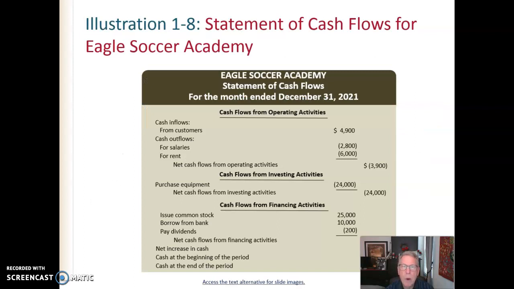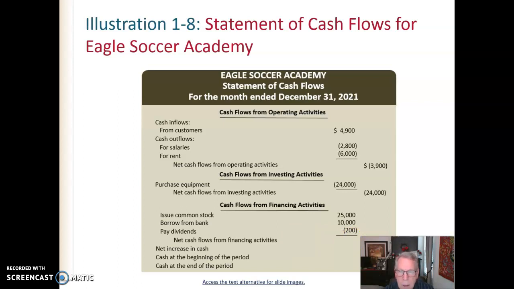All right, so what does that statement of cash flows look like? Here is the statement of cash flows for that Eagle Soccer Academy. We divide them into those three pieces: here, here, and here. Operating activities, we have cash in from customers, we have cash out for salaries and rent.